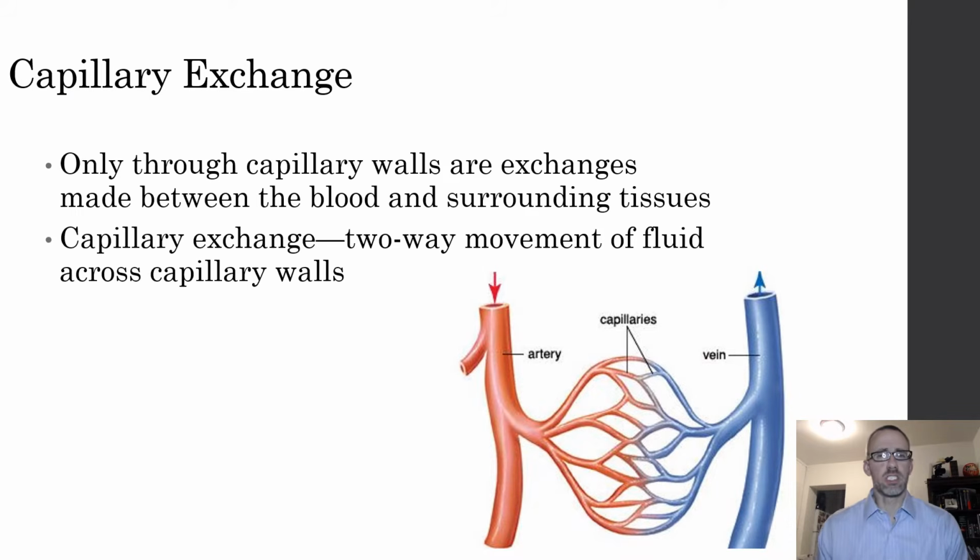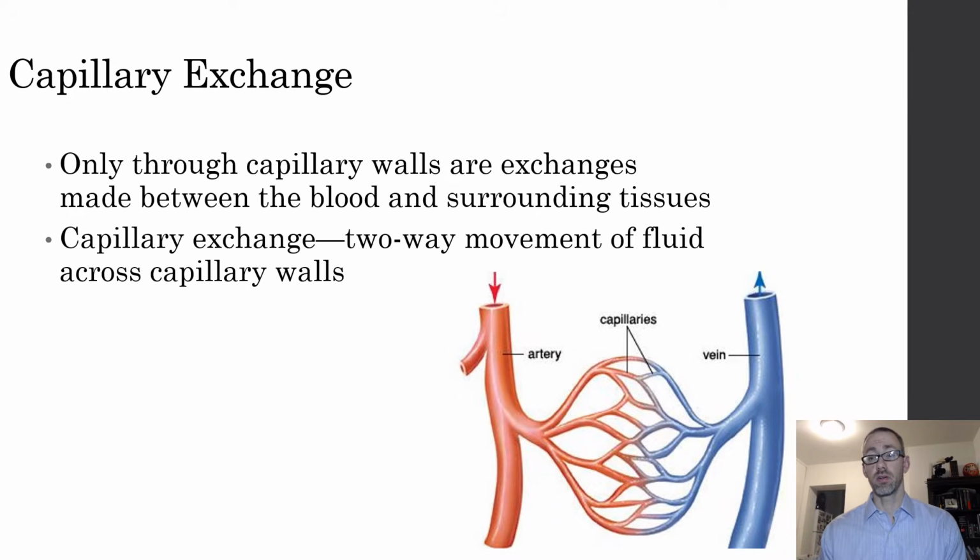Now at this point, I'd like to give you a brief overview of the vascular system. We will come back to this and touch on it more later on, but the basic layout of the systemic circulation is that you have the heart, which is a muscle and acts as a pump, and it pumps blood into the arterial system. The arterial system then branches and continues to branch until finally we have smaller and smaller arteries, the smallest of which are the arterioles.